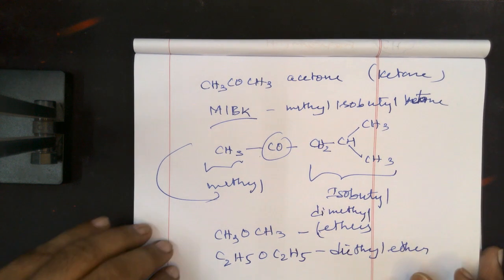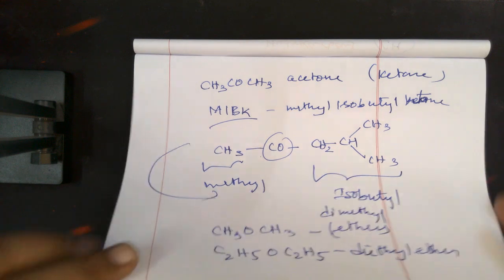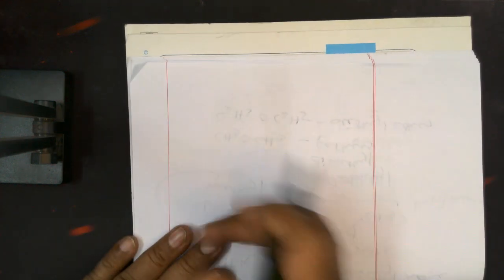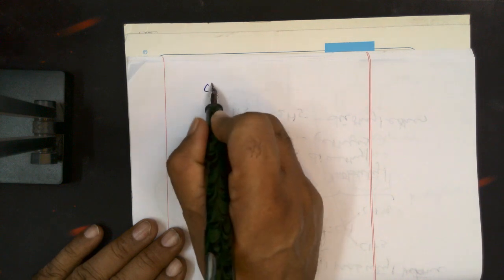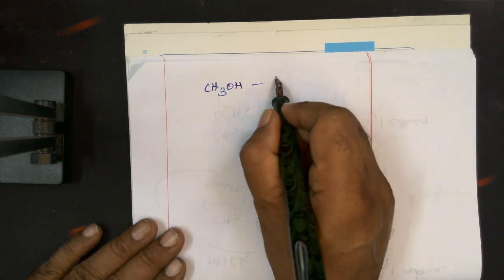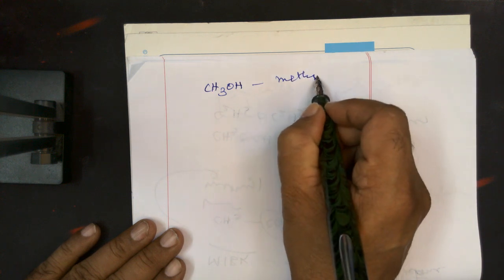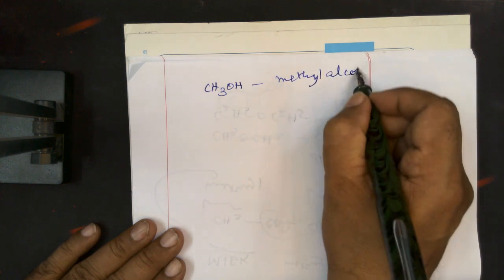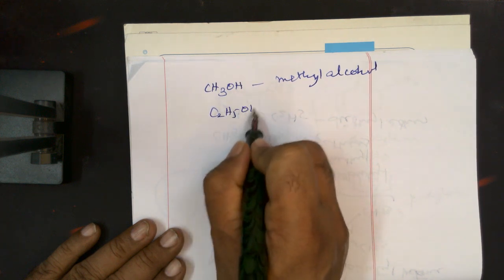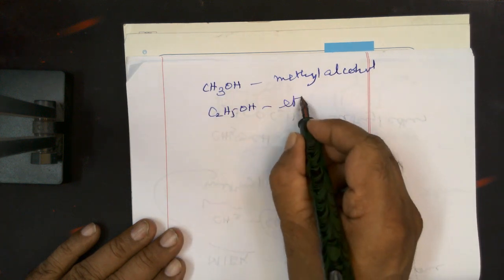Okay, and we have alcohols also. The alcohols will have the OH functionality, the OH group. So we have CH3OH. This is methanol or methyl alcohol. Similarly, C2H5OH, and this is ethanol or ethyl alcohol.